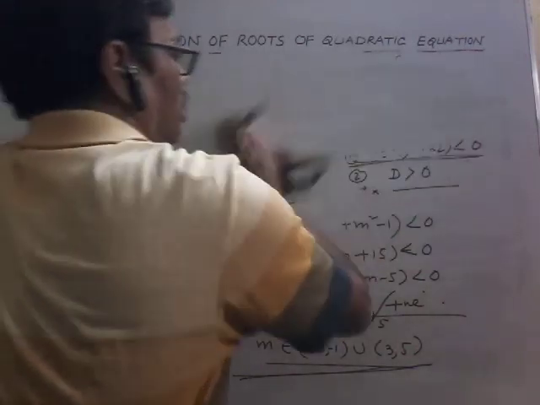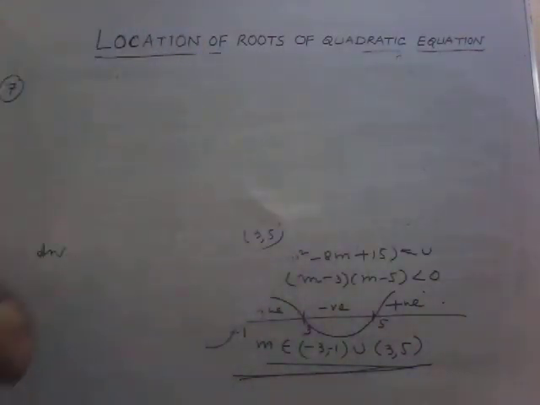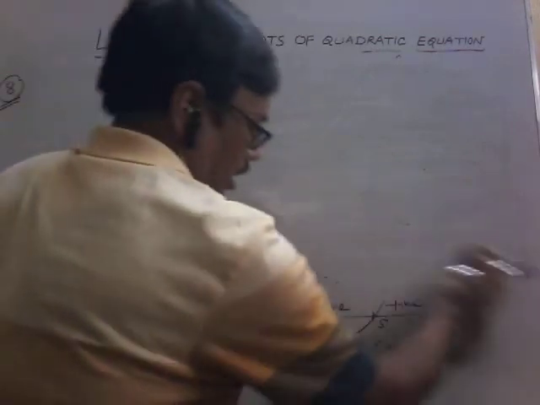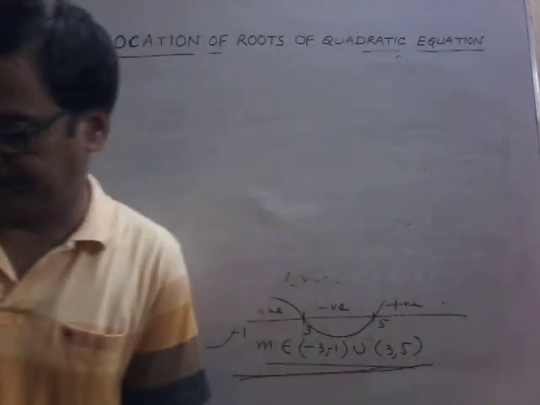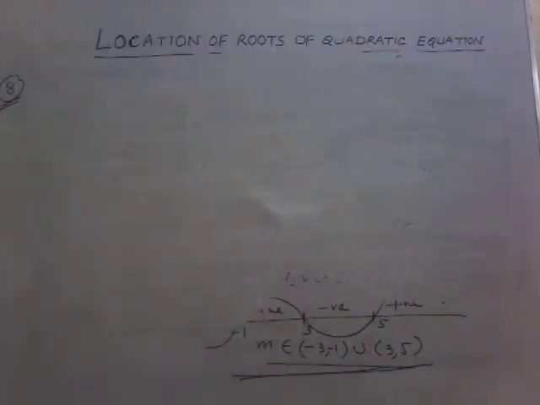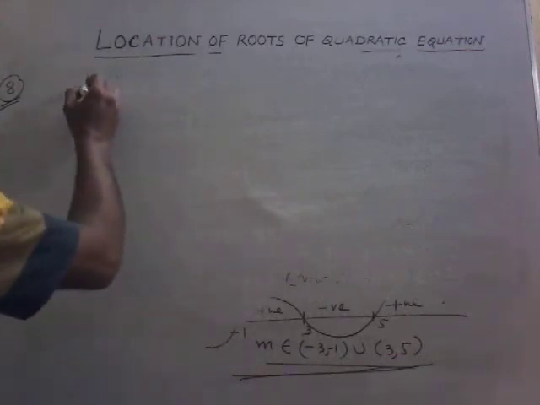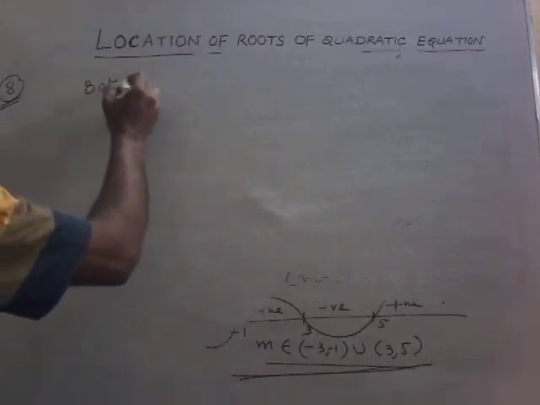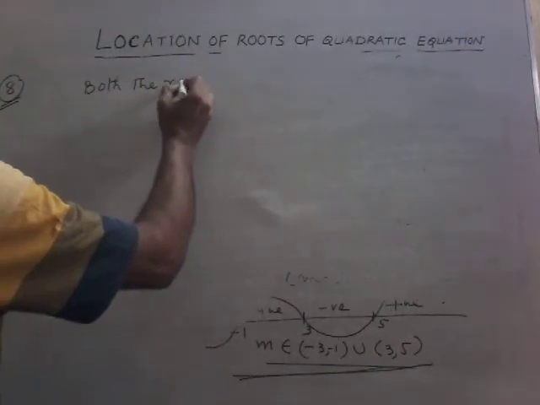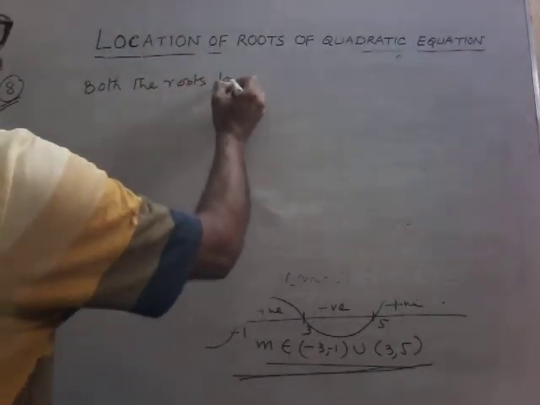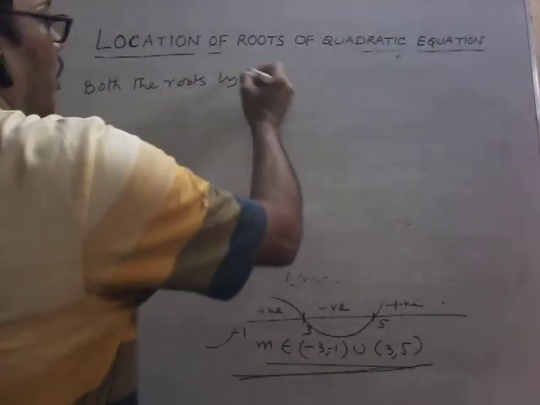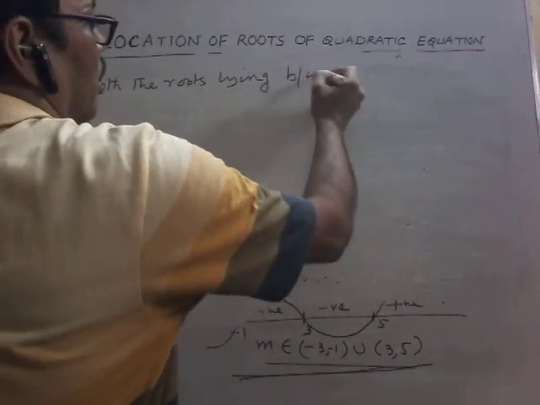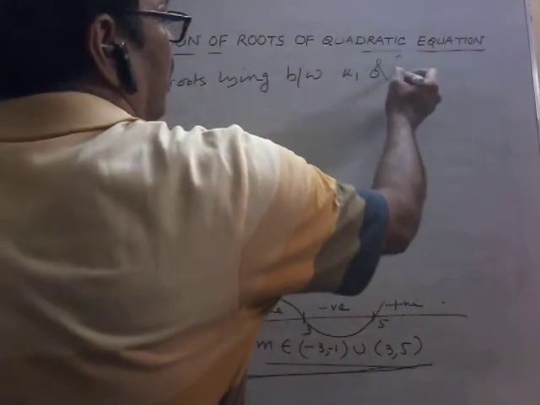Now this is case 8. Both the roots lying between K1 and K2. Both the roots lying between K1 and K2.